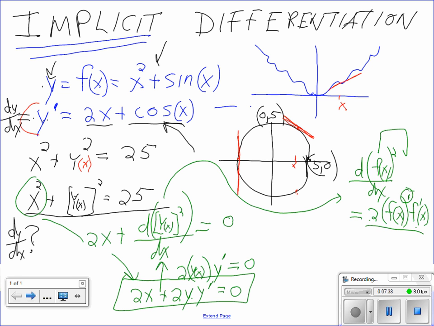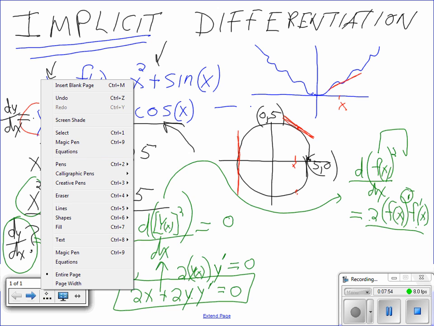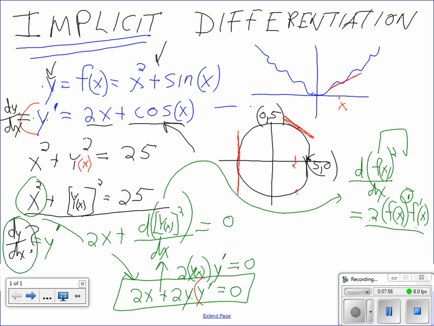Okay, well, that's all well and good, but what am I trying to do? What am I trying to find? I'm trying to find dy dx, or, you know, I'm writing this as y primed, right? Same thing, different notation. So now I want to solve for y primed. So I do a little algebra. 2y y primed is equal to minus 2x.